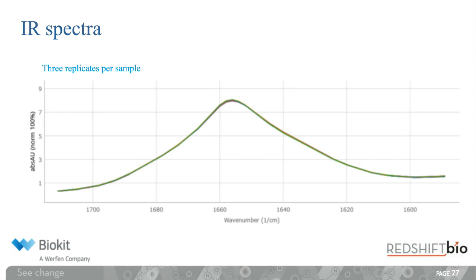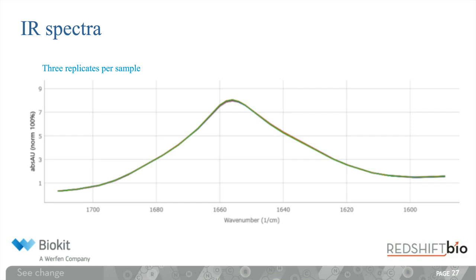As when performing microfluidic modulation spectroscopy sample background is constantly being subtracted, absolute infrared absorbance scans are gathered. For our study, 3 replicates per sample were performed, and at first glance, no differences are detected.